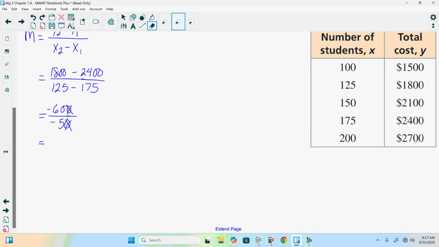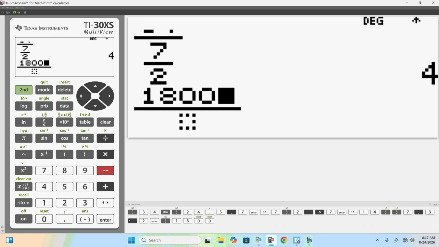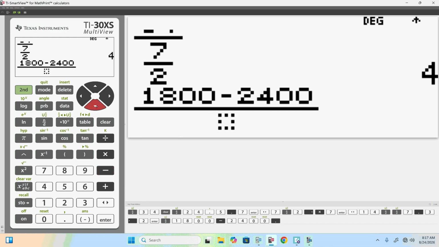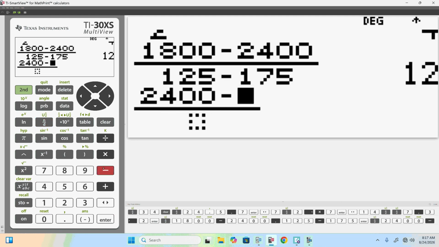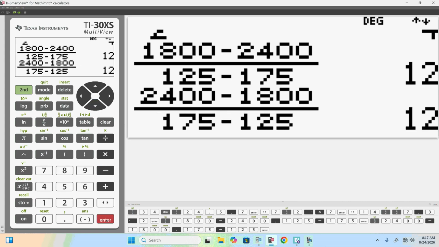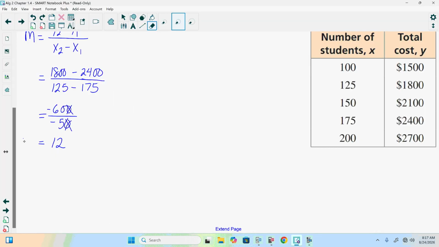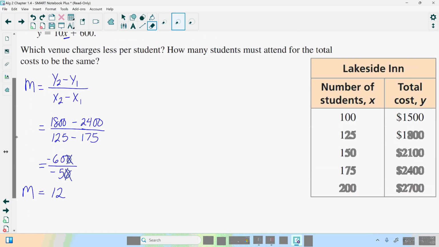So negative 6 or 60 divided by 5 is 12. So that tells me that the slope is 12, yes?